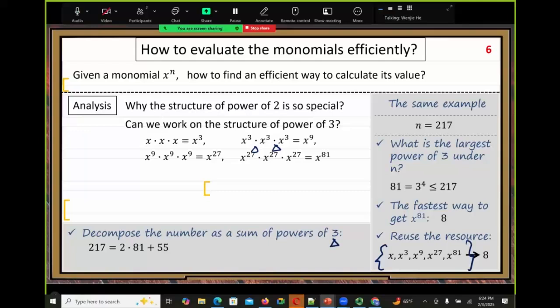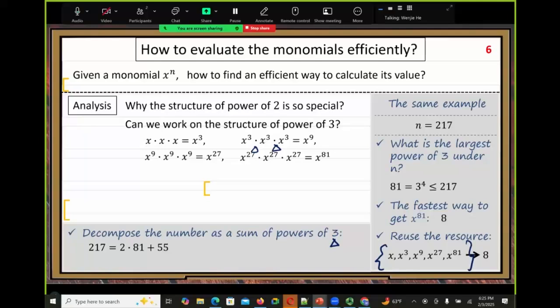That means we represent this integer using base 3. Have you heard of the base 3 integer representation? Base 2, that's the binary representation. Base 3, that's the ternary representation.